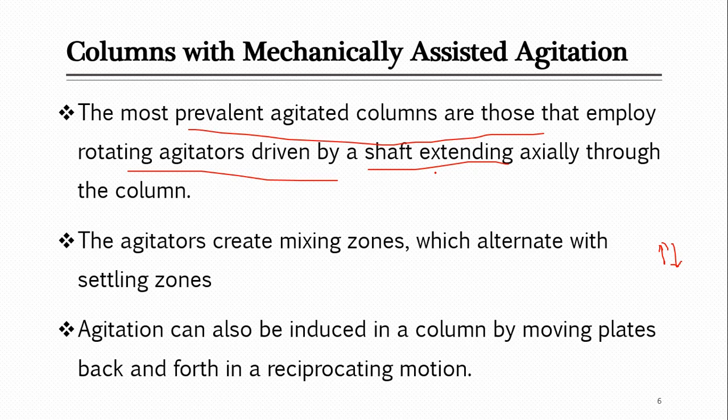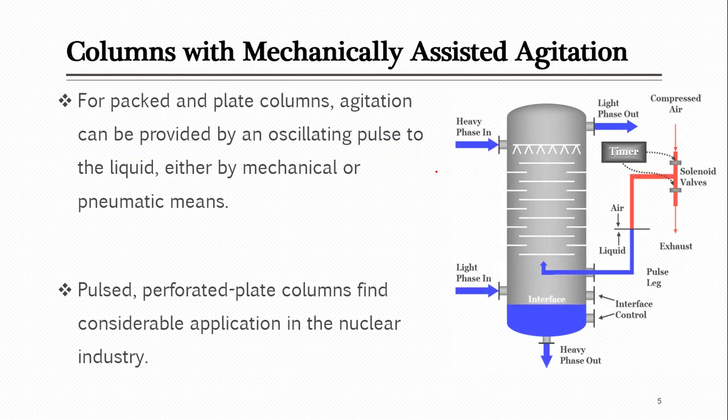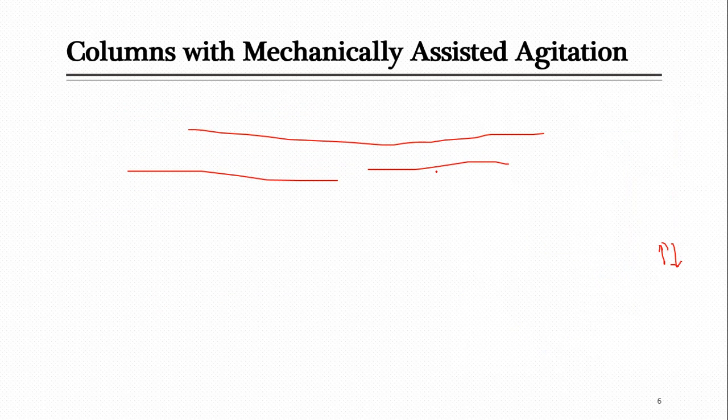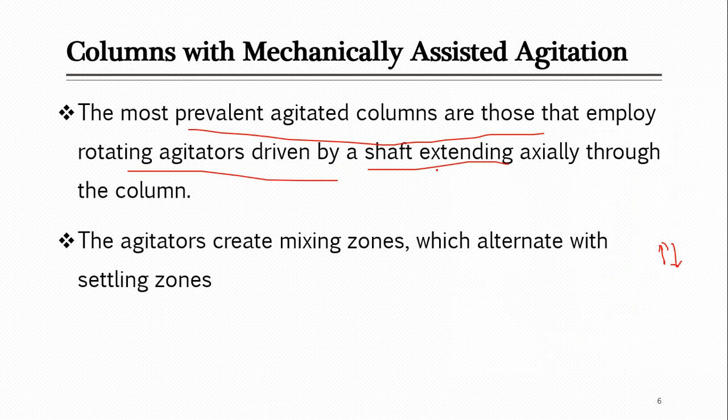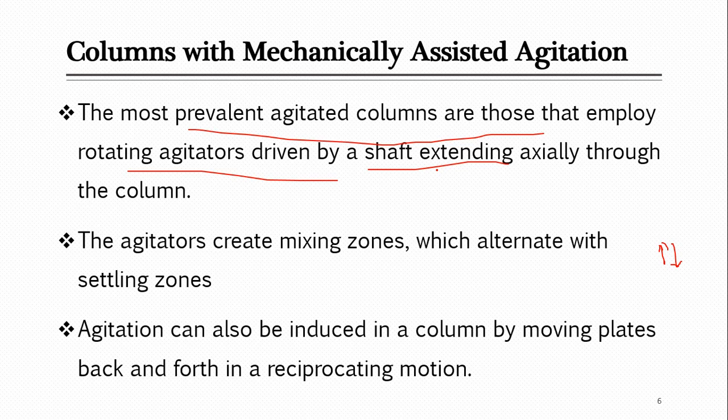First, as we have seen here, you introduce pulses, like an air pulse throughout the column, and they are usually introduced through packed towers or tray towers, and we have seen that they have good application in the nuclear industry. Then the next one is agitation with the help of a shaft and rotors.